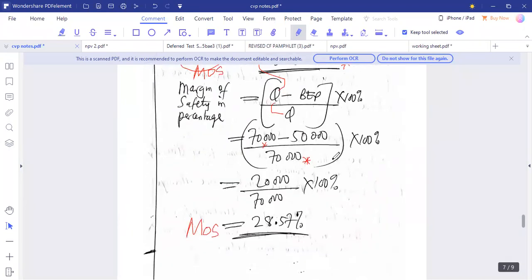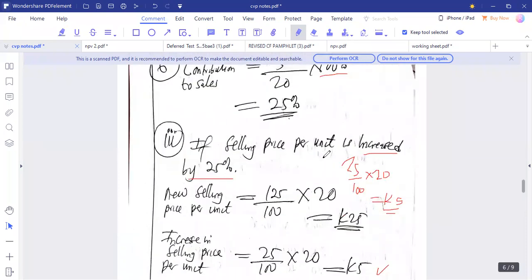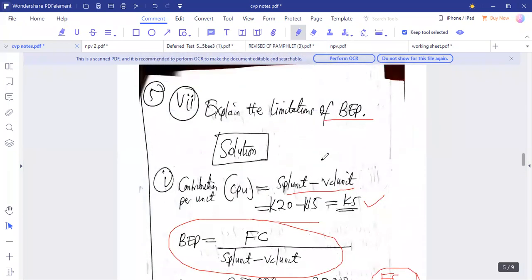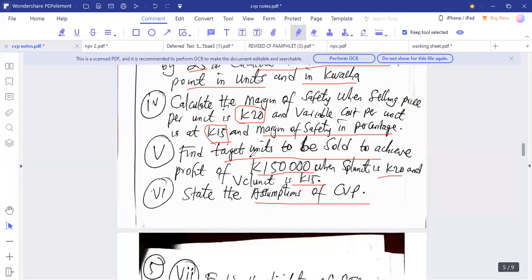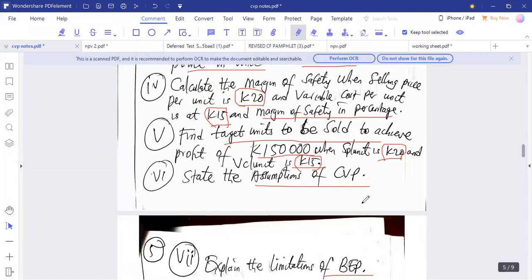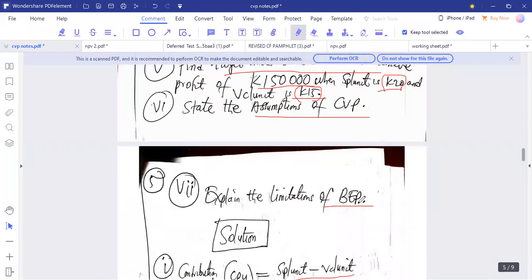Here it was indicated that we need to find the target units to be sold to achieve a profit of 150,000 when the selling price is 20 kwacha per unit and the variable cost is 15 kwacha. It's just a matter of getting down to the formula and substituting the values given.